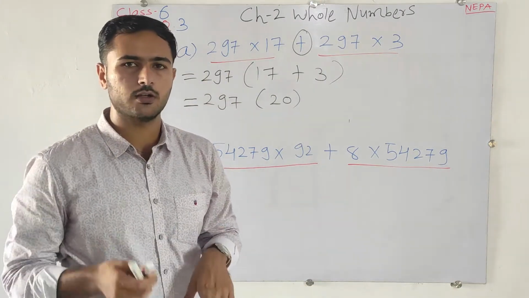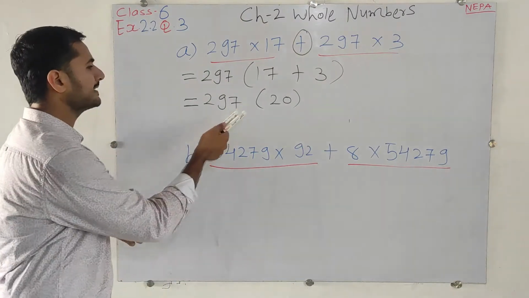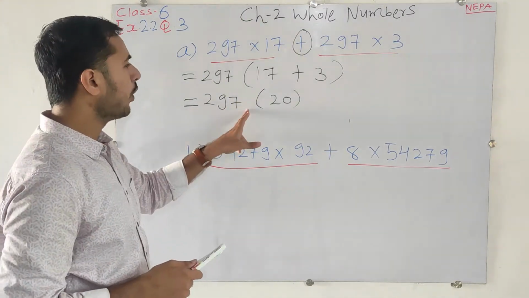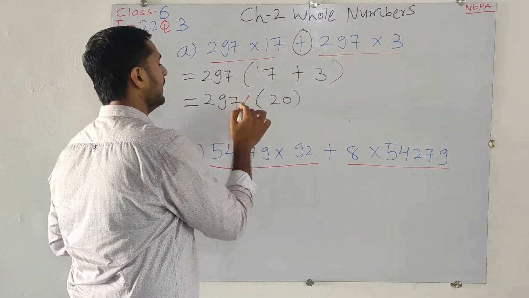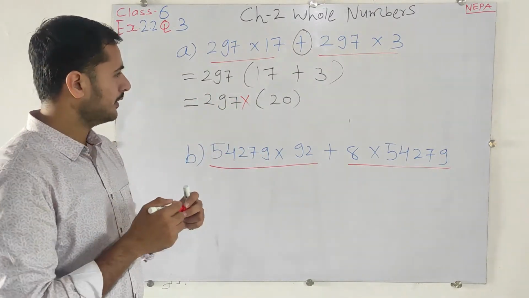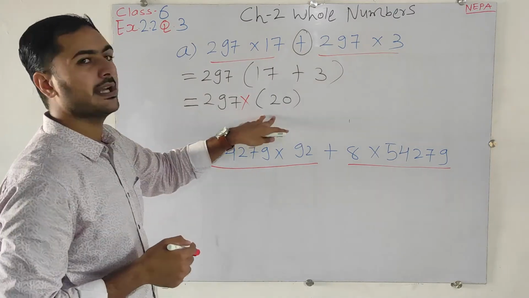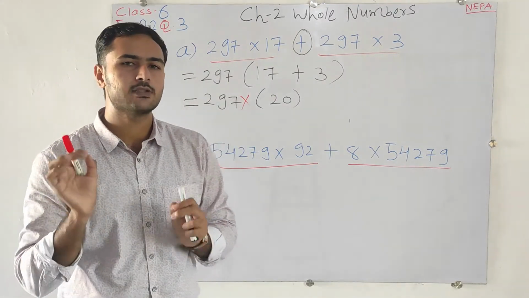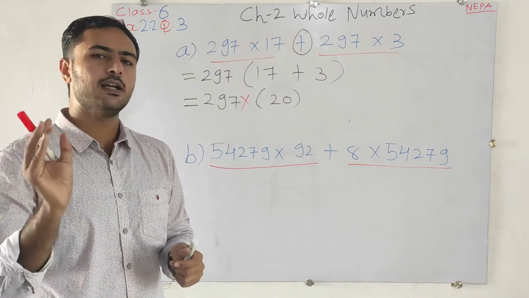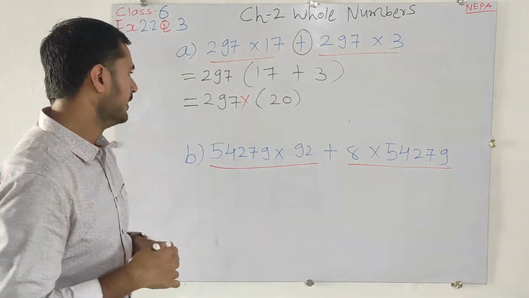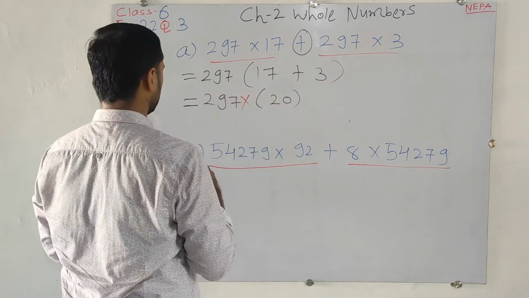No, of course not, because between 297 and the bracket no sign is there. It means there is a multiplicative sign. Always remember this: if there is a number and a bracket and in between there is no sign, there is always an invisible multiplicative sign, which we consider as multiplication. So 297 multiplied by 20.